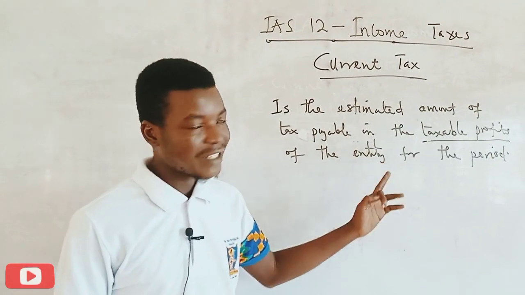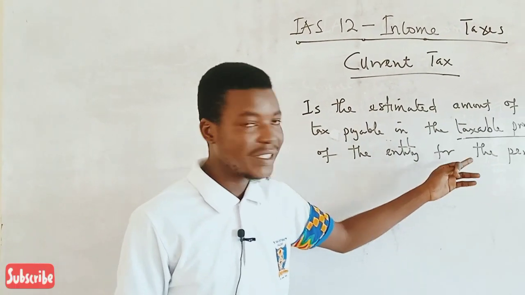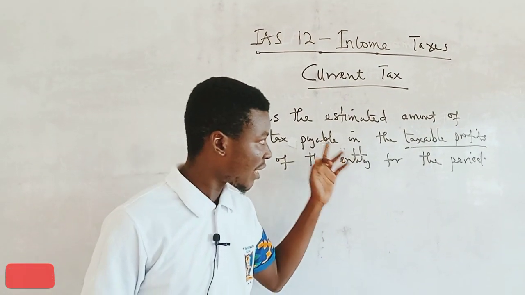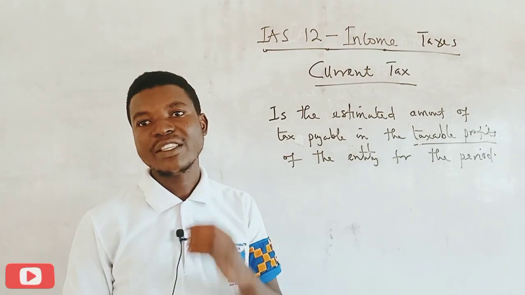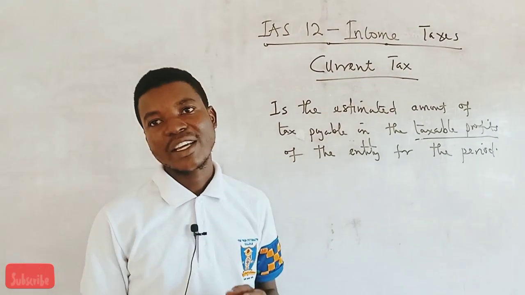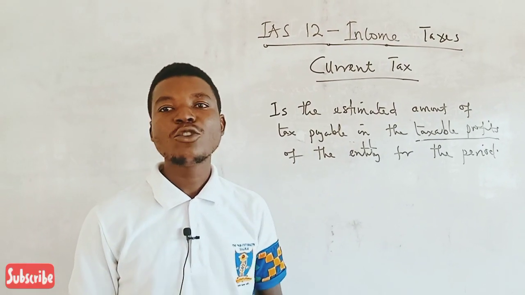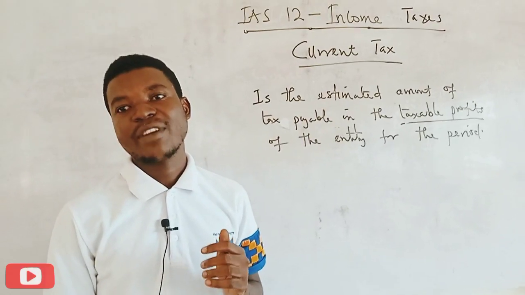So it is in the subsequent period that the true amount of the tax payable by the entity will be known to the entity. But since tax is one of the legal and corporate responsibilities of entities, IAS 12 is saying that at the end of every financial reporting period, entities should estimate the amount of tax in their financial statements.